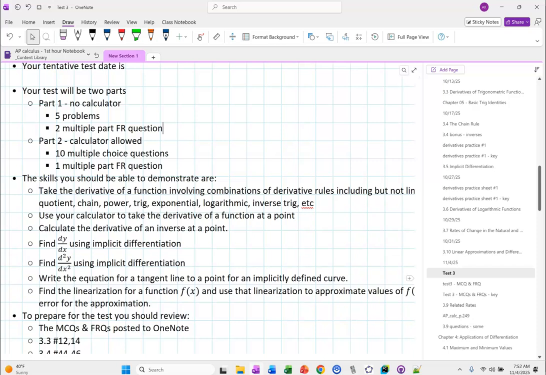That was the bonus inverses thing, where the derivative of g prime is 1 over f prime of g of x. Should be able to find the first derivative using implicit differentiation, or the second derivative using implicit differentiation.